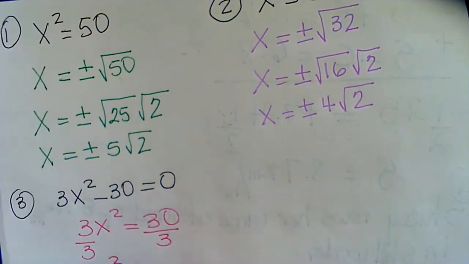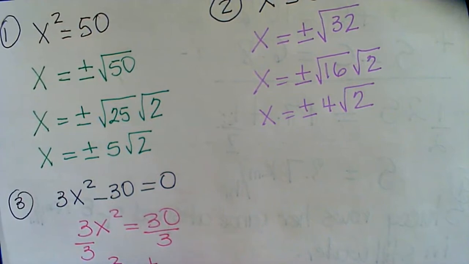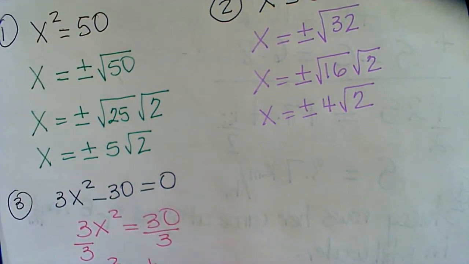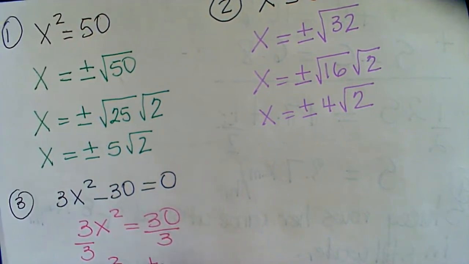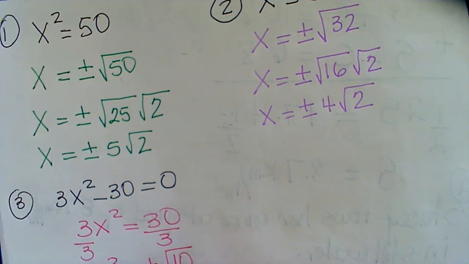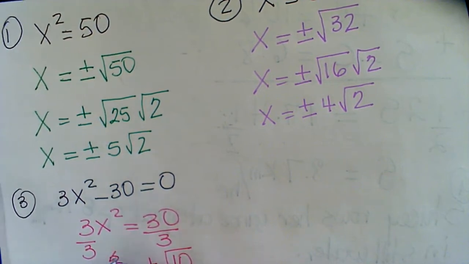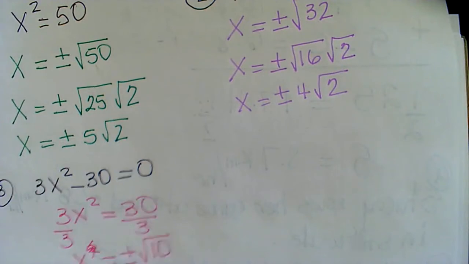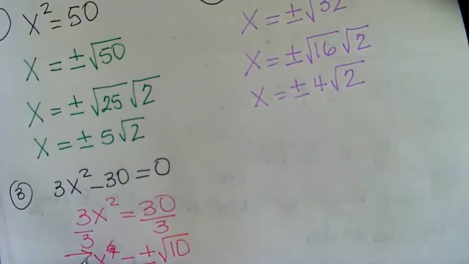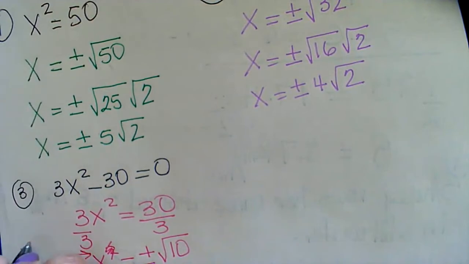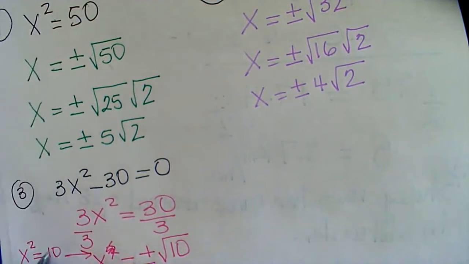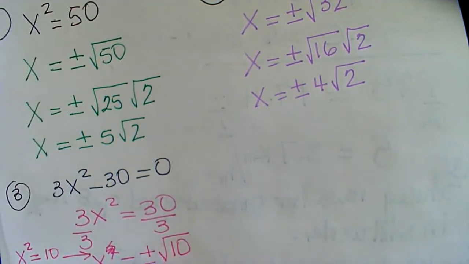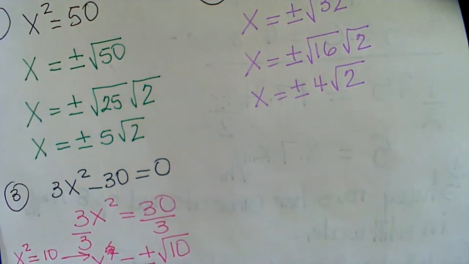I skipped one step here. One step would be x squared equals 10. So x equals plus and minus the square root of 10.